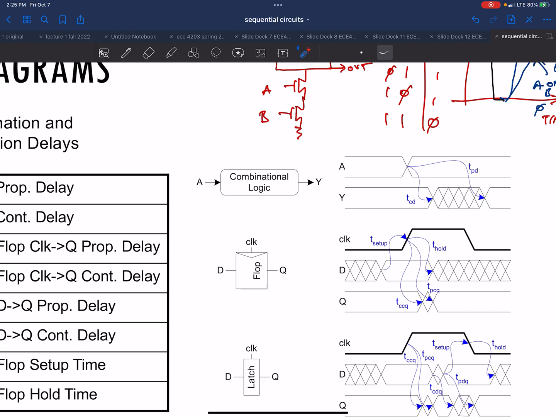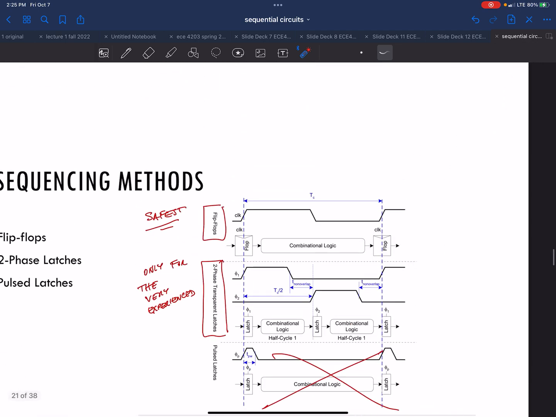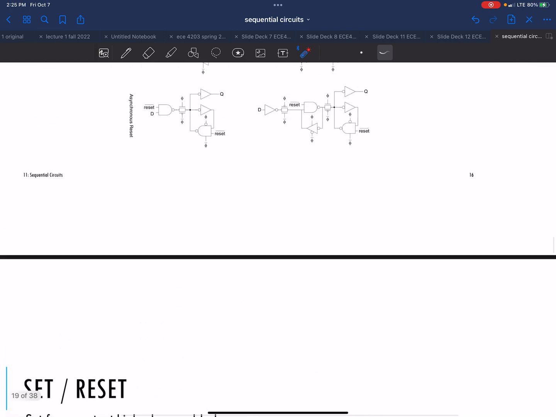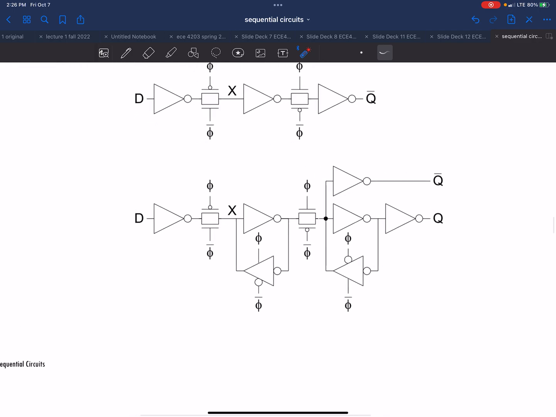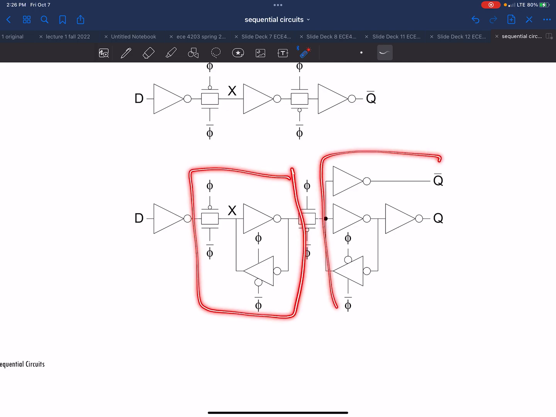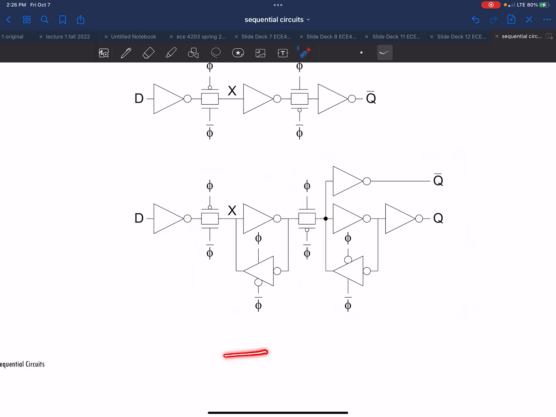So think about it for a second. Going back to our flip-flop example, remember that basically either this latch was on or this latch was on. When clock was low, D would show up at this input, and this latch, latch 1, was transparent when clock was low.